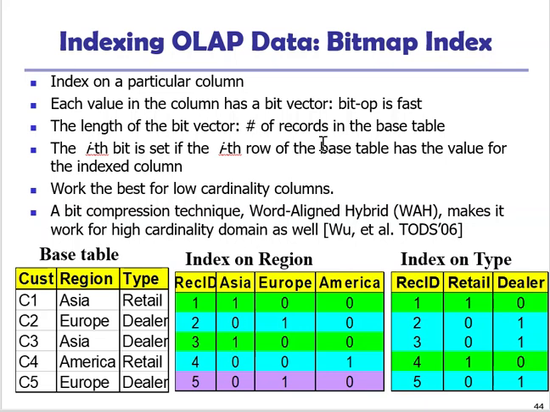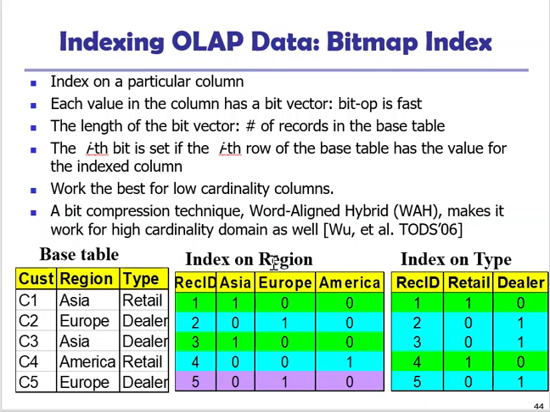So one of the indexing methods is bitmap. In database systems, we call it bitmap, but this is not new to us. We already mentioned it. This is also known as one-hot encoding. So here we have the base table, with the customer ID, region, and type. Then for each of those dimension columns, besides the ID column, we can create separate index files.